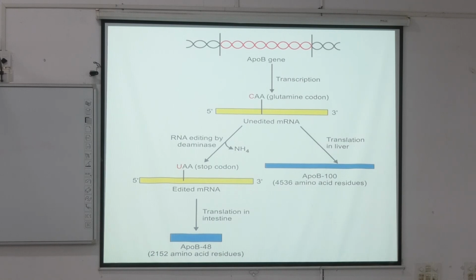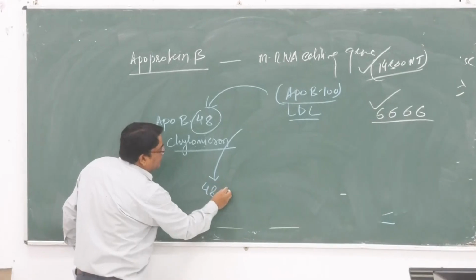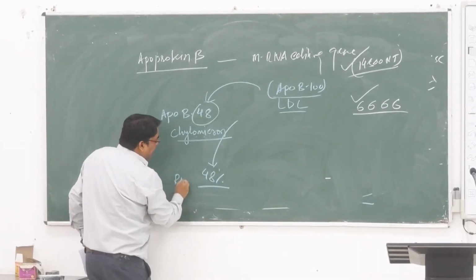What is the meaning of that? You understand? ApoB100 is mainly present in LDL. After the editing, there is formation of ApoB48, which is present in chylomicrons. ApoB48 is synthesized from the same gene, and only 48% of the protein is synthesized after RNA editing.